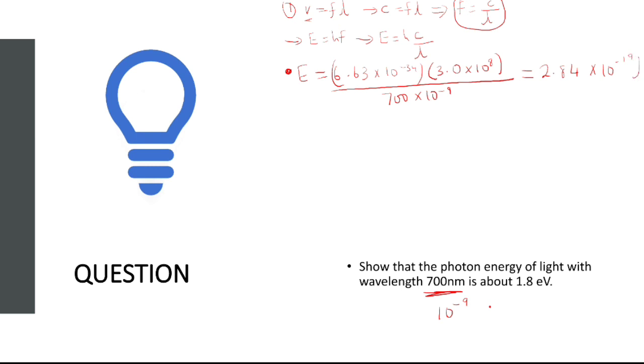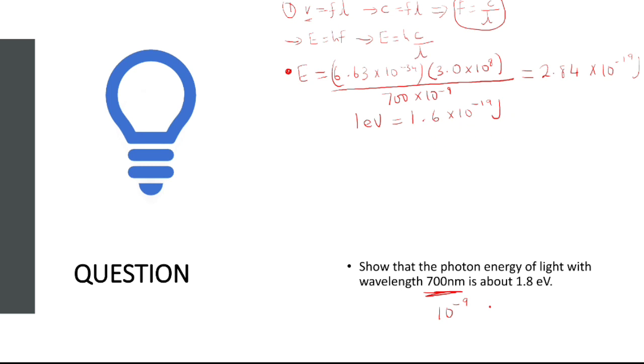The next thing we have to do is to convert the photon energy. We have it in joules, so we need to convert it to electron volts. 1 eV is equal to 1.6 times 10 raised to the power of minus 19 joules. If you are to convert from electron volts to joules, we multiply by this value.